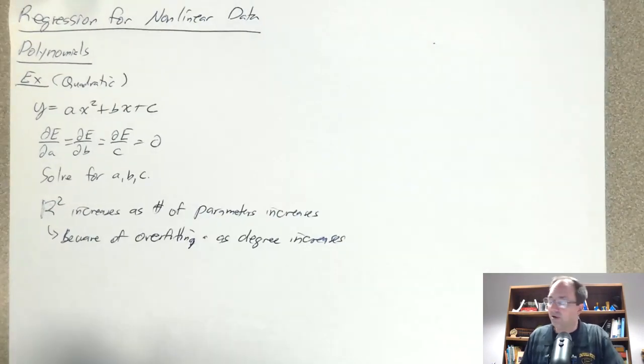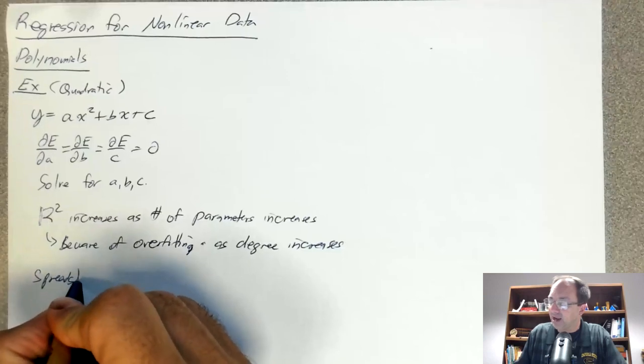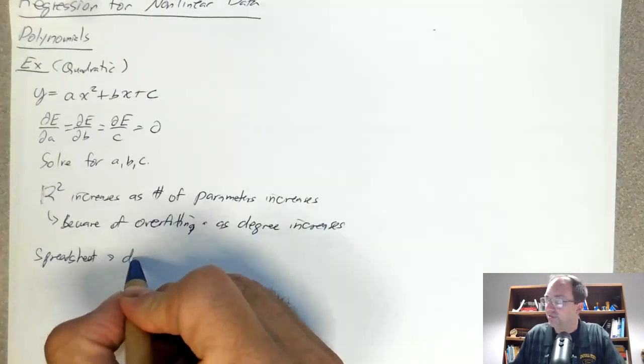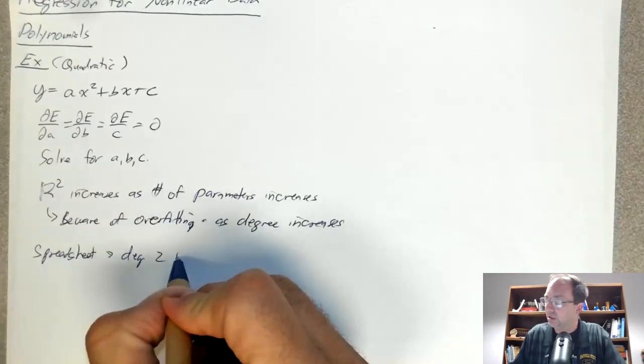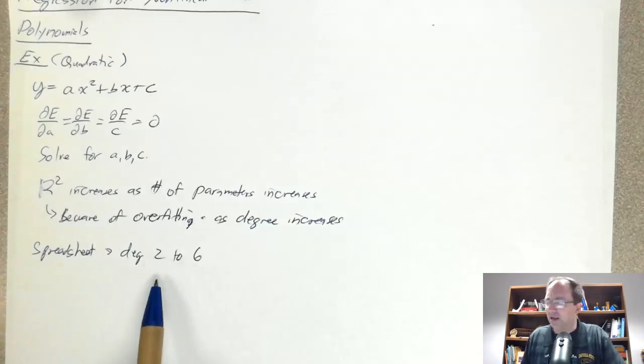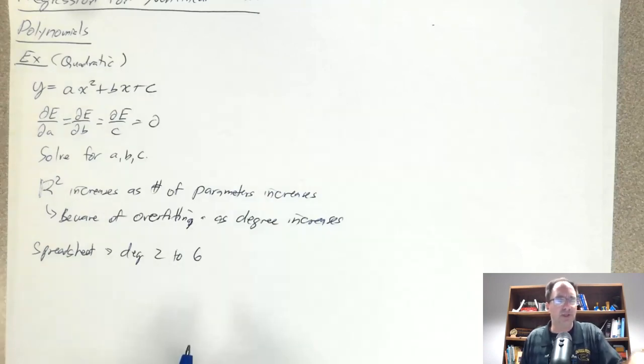The other thing to be aware of is that a spreadsheet typically can provide the least squares fit for degrees 2 through 6. And honestly, for most data sets where we're trying to find some sort of trend, it would be unlikely that a degree of more than 3 or 4 would be a good choice anyway, but that's the option.